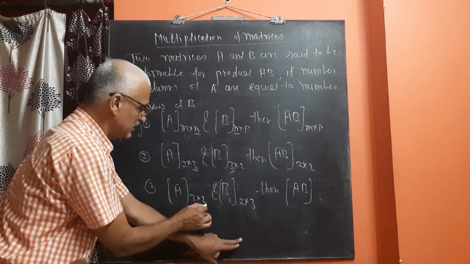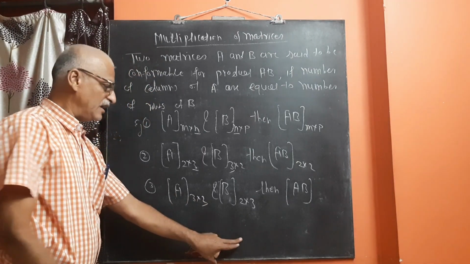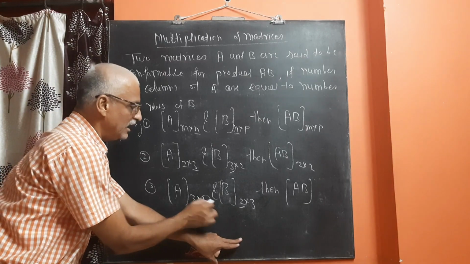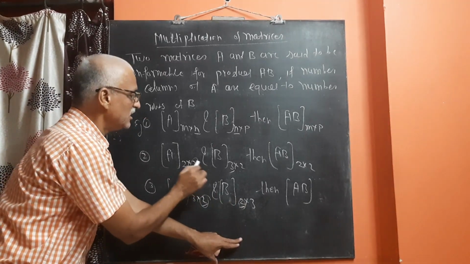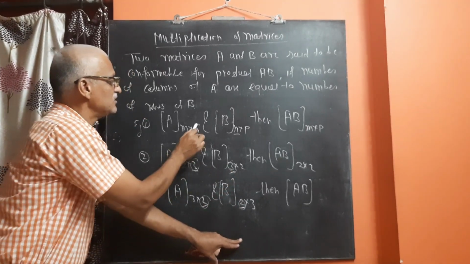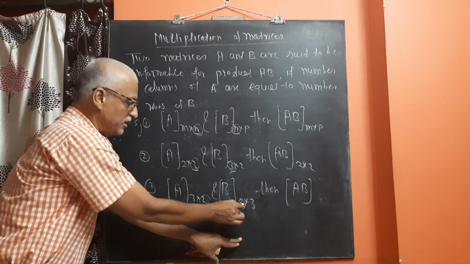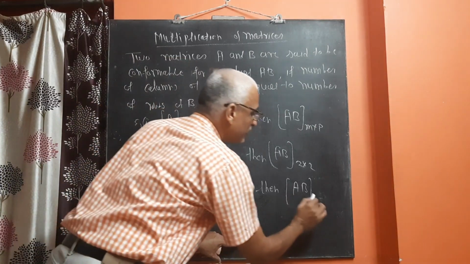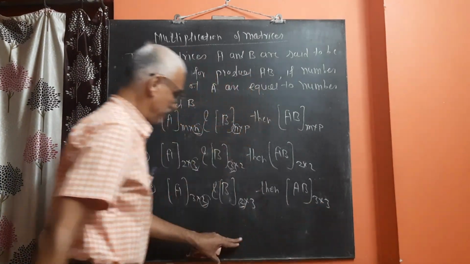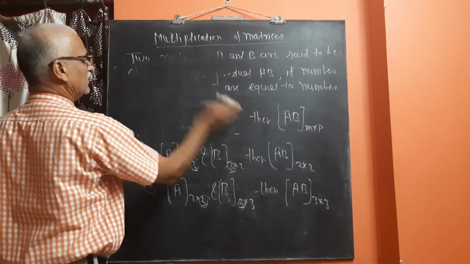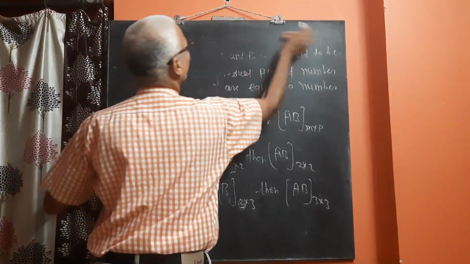Because the number of columns of A are equal to the number of rows of B. Here this 2 and this 2 is equal. Here this 3 and 3 are equal. Here this n and n are equal. So this 2 and 2 cancel out. The remaining order of AB will be 3 by 3. If, let us say the fourth example.